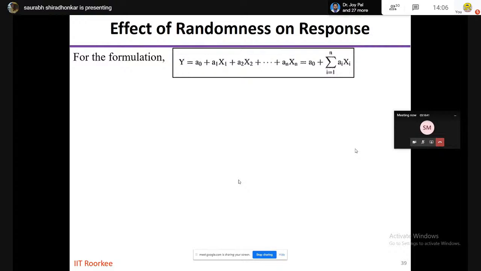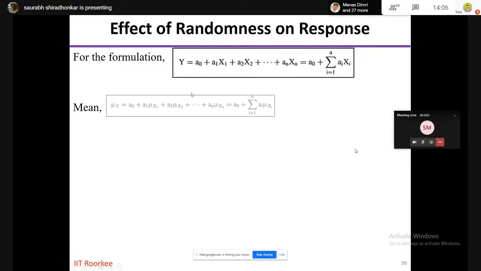So there is a formulation that if y is a sum of random variables x1, x2 to xn, so y is here the dependent variable, and x1, x2, xn are independent variables. And if we know the mean and standard deviation of these random variables x1, x2, and xn, we can figure out the mean of y using this formula, which is nothing but the same formula in which you put in the mean values.